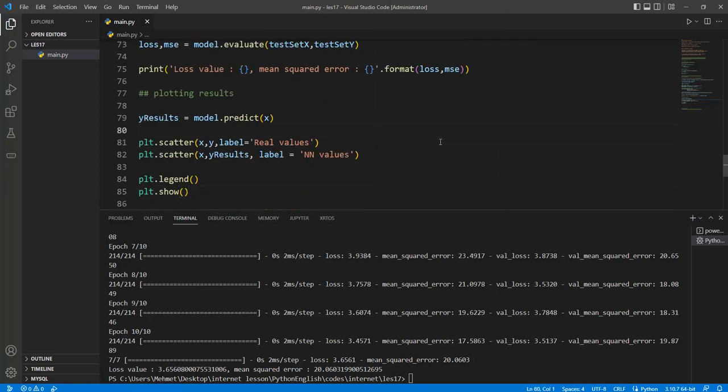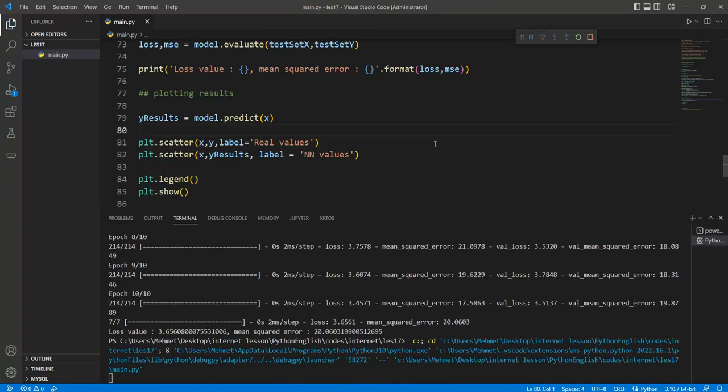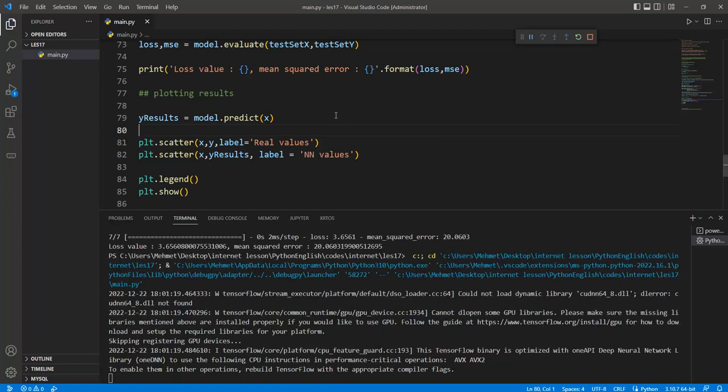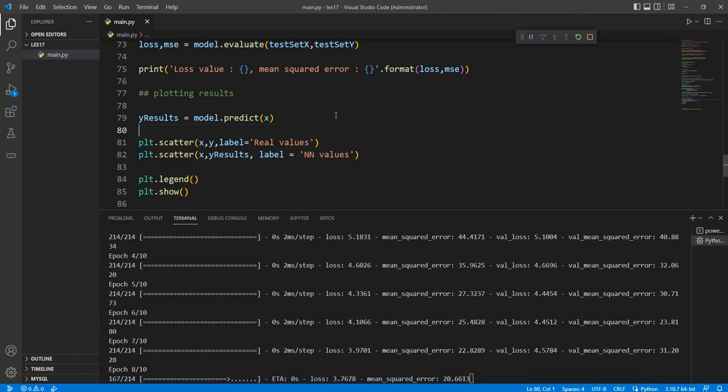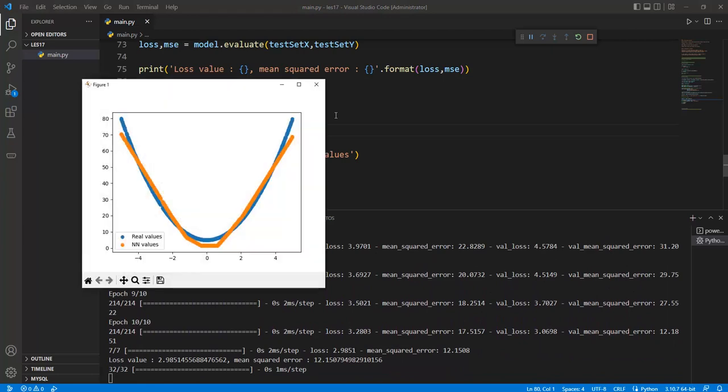Okay, and so if I run this code in here, the neural network results and the actual results are given on one page.